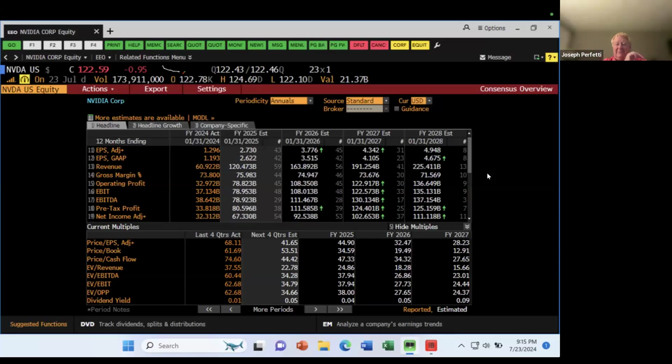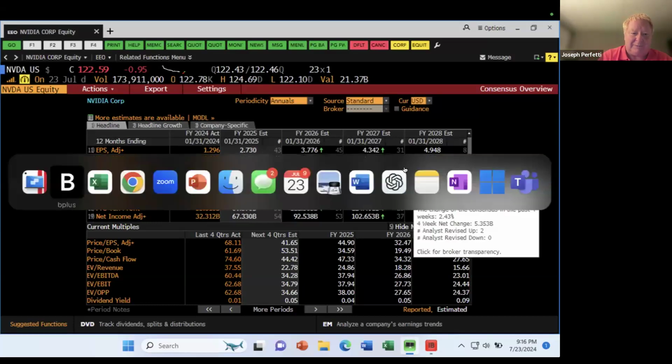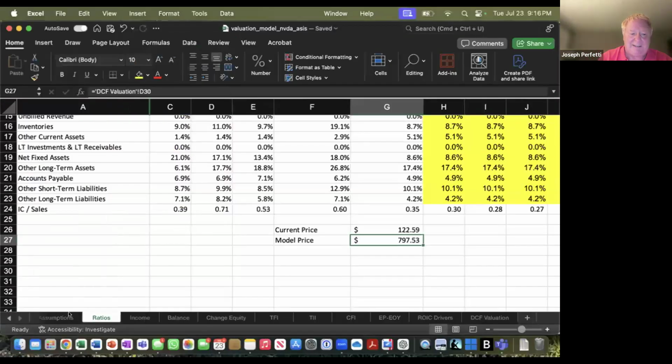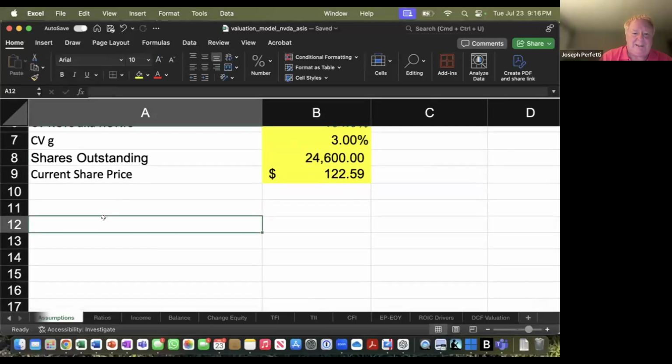Okay. This is what somebody earlier in the class had already started to do. So starting with revenue, we need to put these revenue numbers into our model. Now, here's how we're going to do it. On the assumptions tab, we're going to start in row 12: consensus revenue.